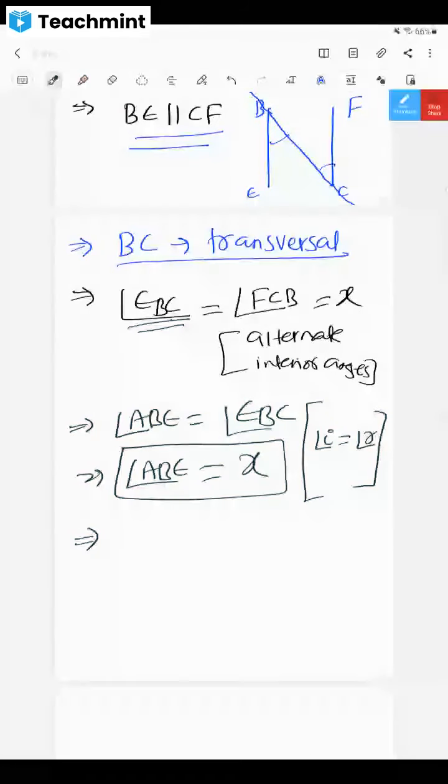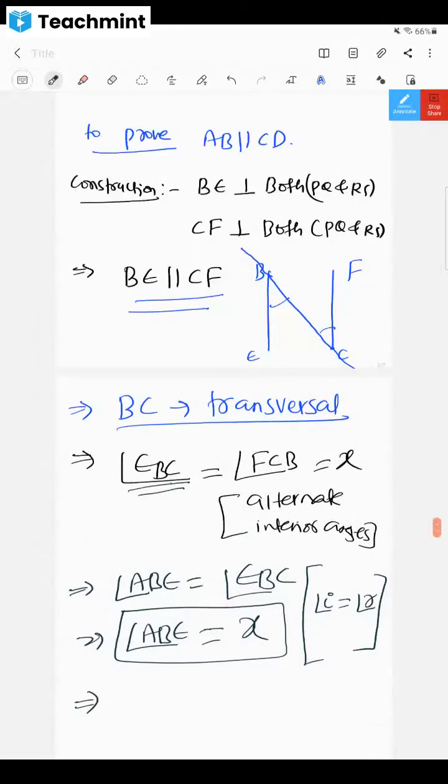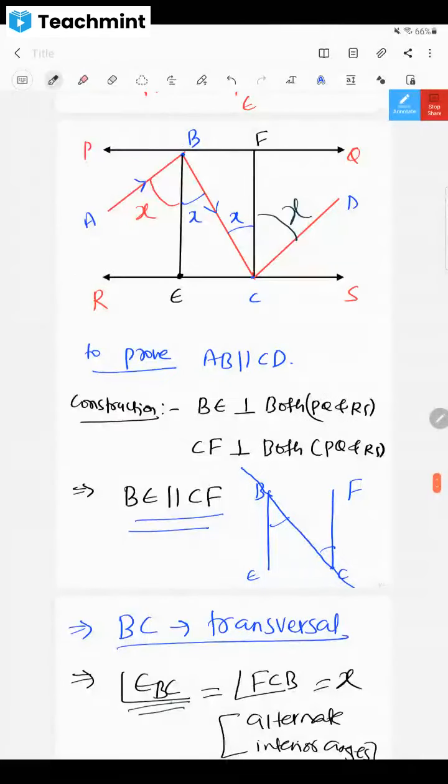Okay. And please try to get it. And similarly here also, angle BCF is equal to angle FCD. Correct? Here I think I have written it as FCB. Okay, no issues at all. Whatever it is, BCF and FCD both are equal.